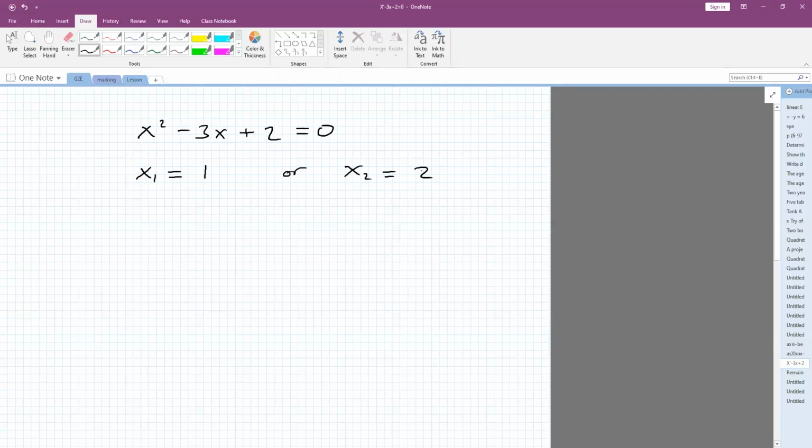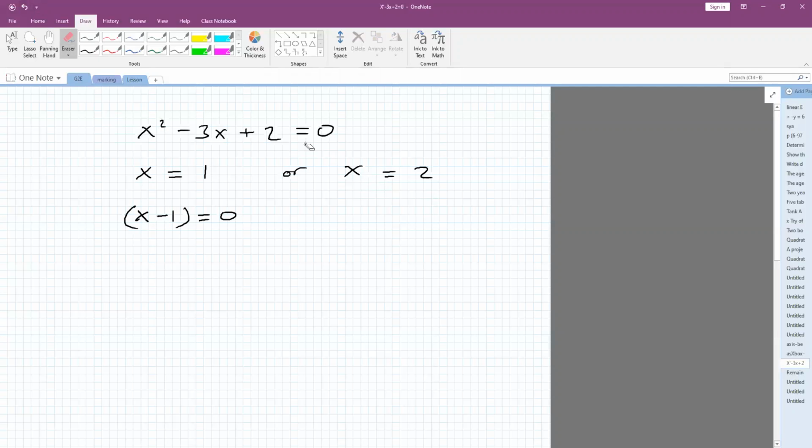Now what I can do is this. Here, if I have the first x equal to 1, I can put that number 1 to the left hand side. So what we will get is x minus 1 equal to 0. And I can also do the same thing here.